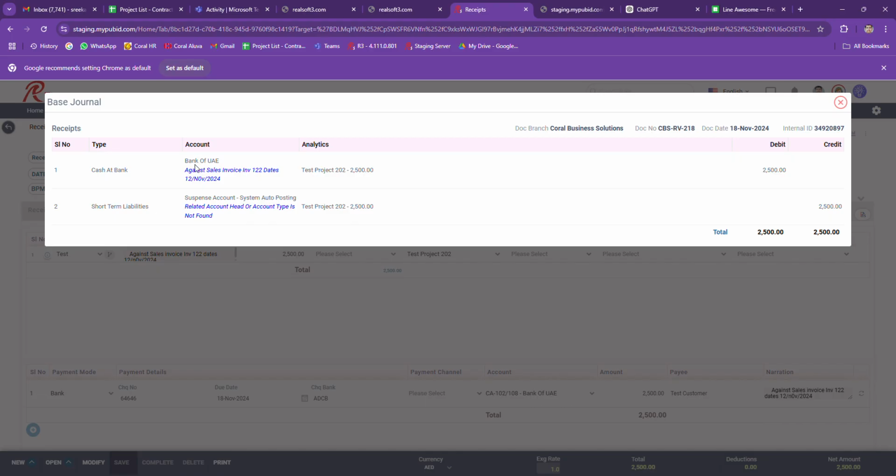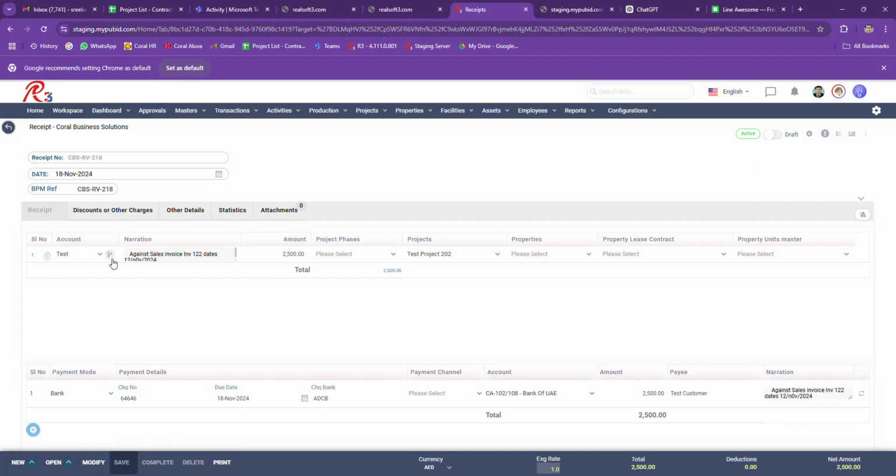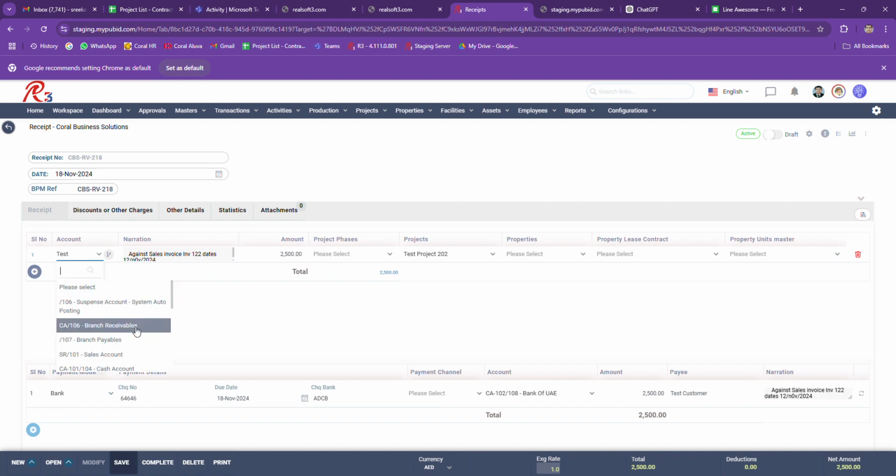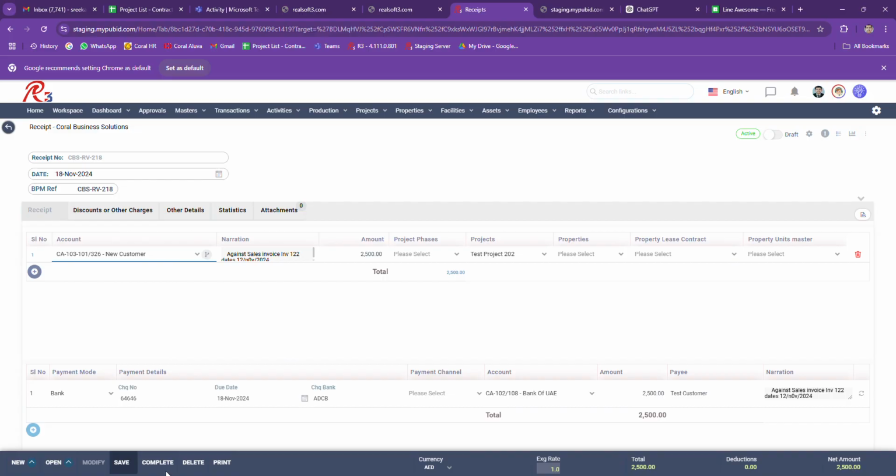That means it's directly debited to this bank account. So we have to select another customer because this customer is not valid. We modify this. That's why it went to this one. And we will take this new customer. We'll try this again.